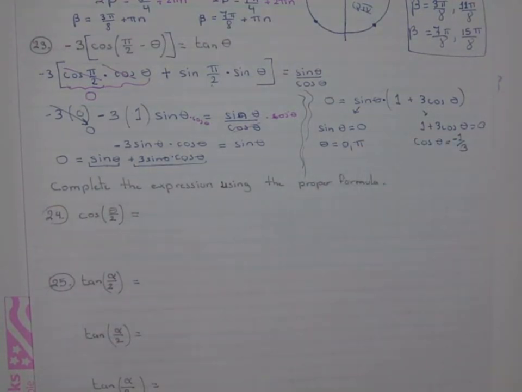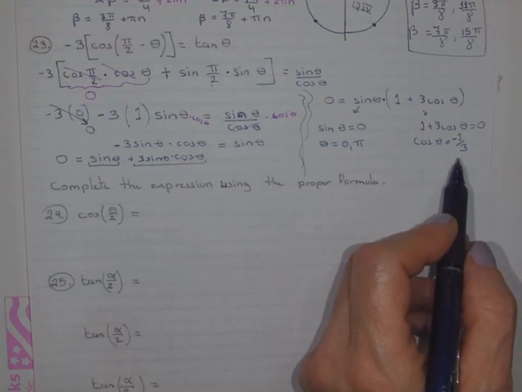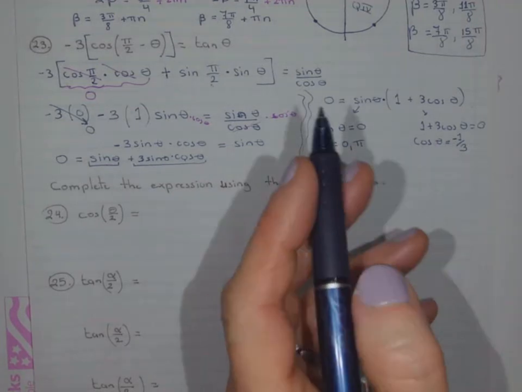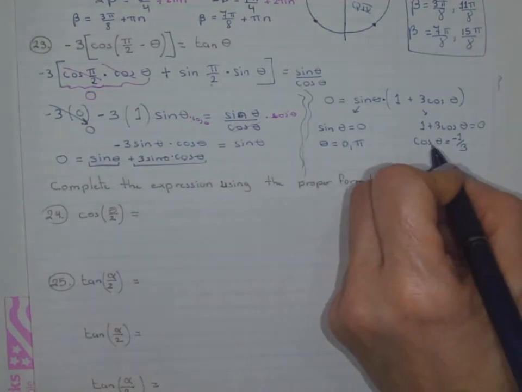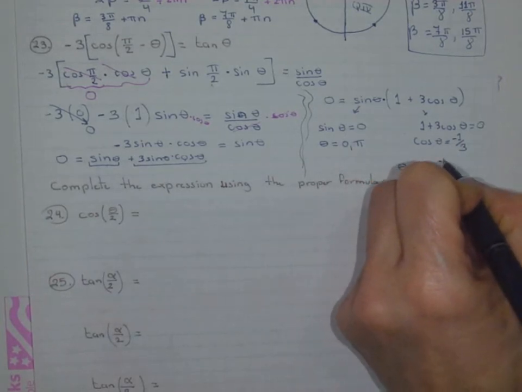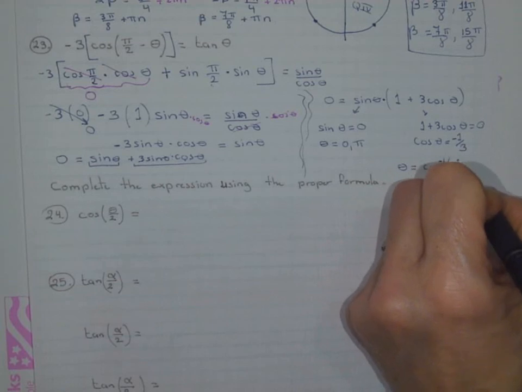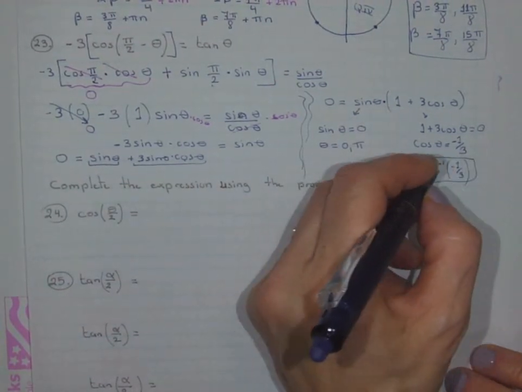And I need to ask myself, where is the cosine theta equal to negative 1/3? Well, we have no idea because this is not in our unit circle. So the only thing we can say here, since we need theta equal, is theta equals the cosine inverse of negative 1/3.